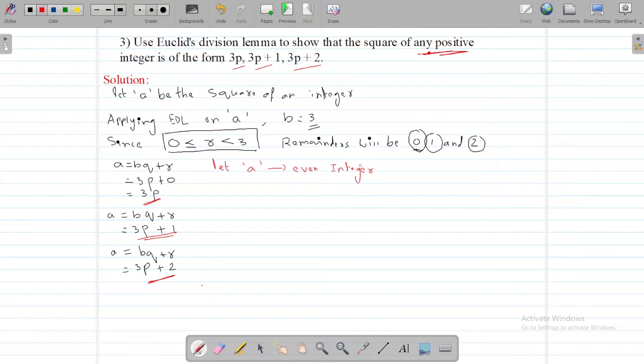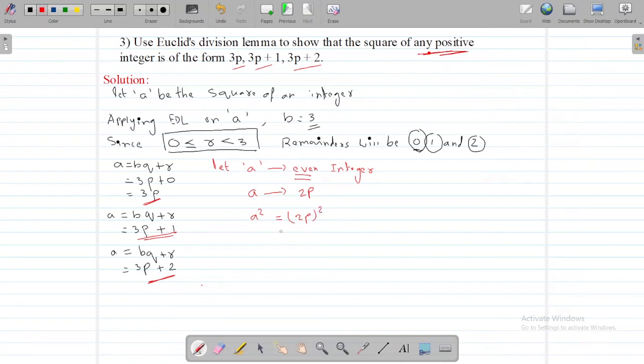Then a is of the form 2p. So we can say that a is of the form 2p. Why? Because it is even. So now what we'll do, we'll square on both sides. a square is equal to 2p whole square.